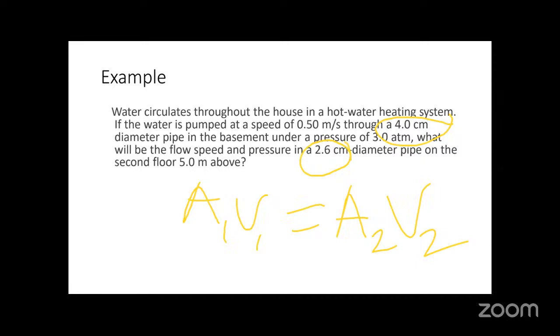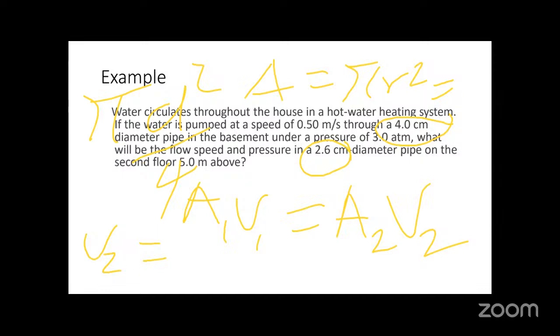Since it's a pipe, we know that area becomes pi r squared, which in terms of diameter will be pi d squared over 4. So we are asked to find V2. V2 becomes A1 V1 over A2. So that is the formula that will help us find our V2.